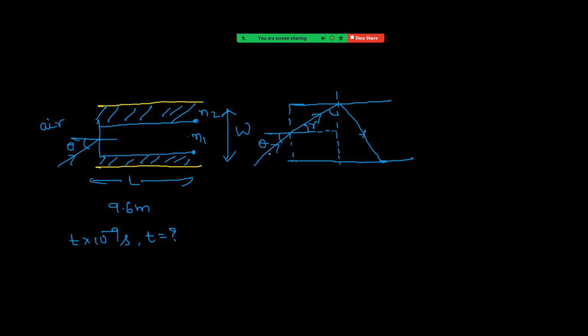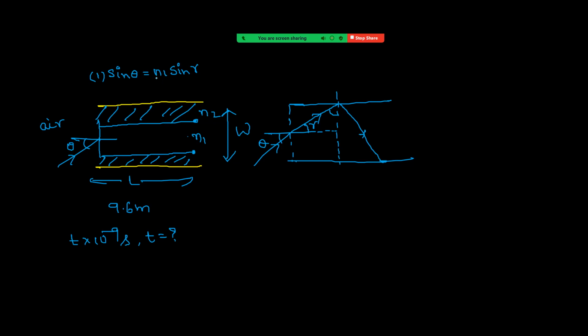Right. Again, when we take Snell's law, if theta is maximum, R is also maximum, right? Just now we have discussed it. So 1 into sine theta is equal to n1 into sine R. n1 is a constant.